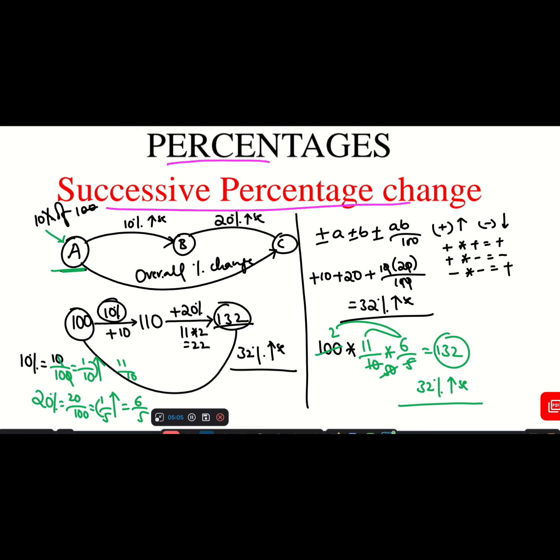Next. A salary is increased by 25 and it is decreased by 20. Then find the percentage change in his salary. Increase plus 25, decrease minus 20, plus into minus will be equal to minus 25 into 20 divided by 100.